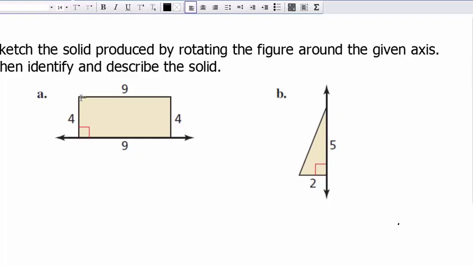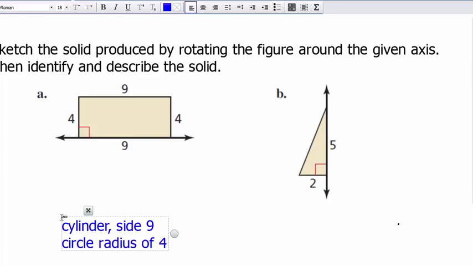And when we spin it, this shape is going to move all the way around, and it's going to end up creating a cylinder. And if you think about that cylinder, the side is going to still be 9, but the circle on the bottom will have a radius of 4. And we could sketch that out.